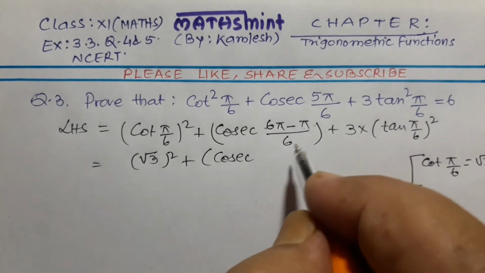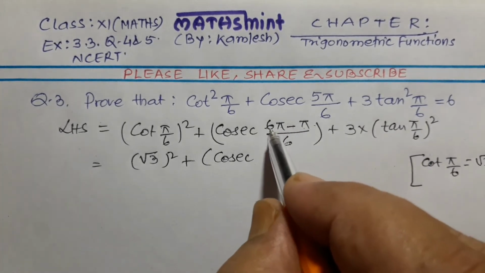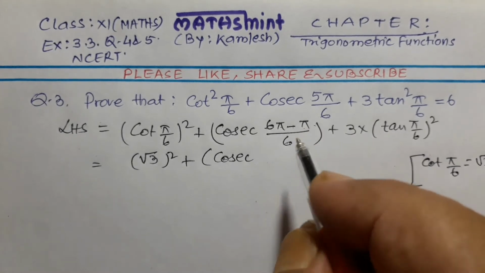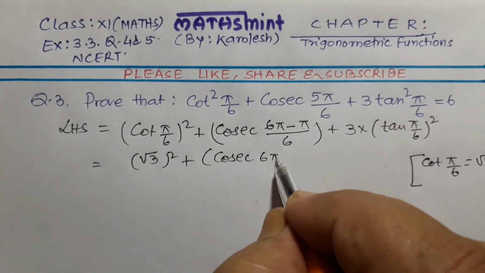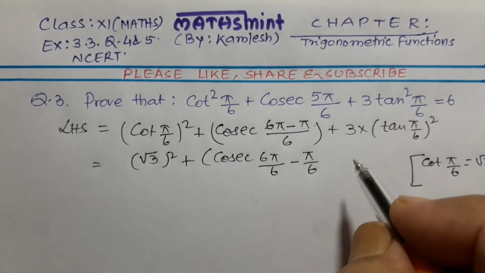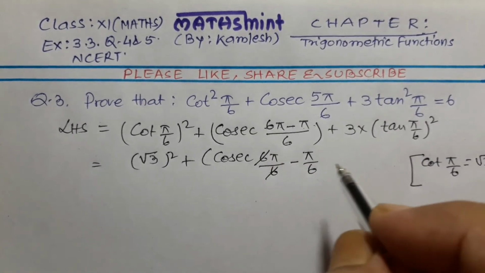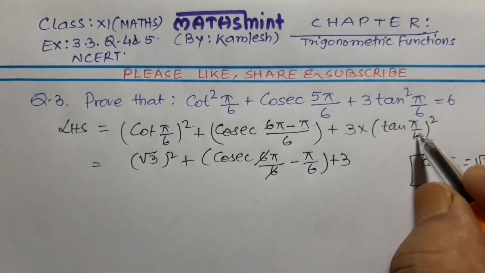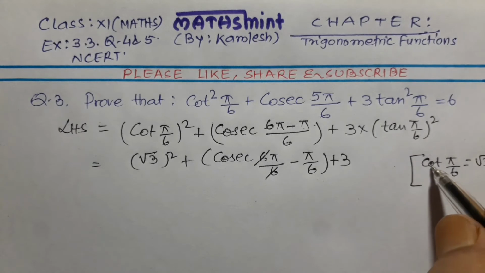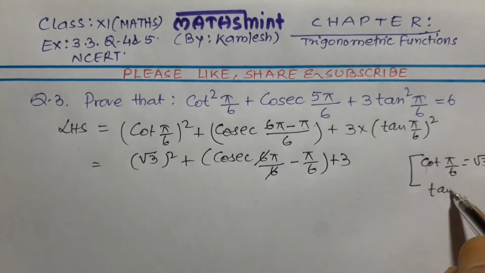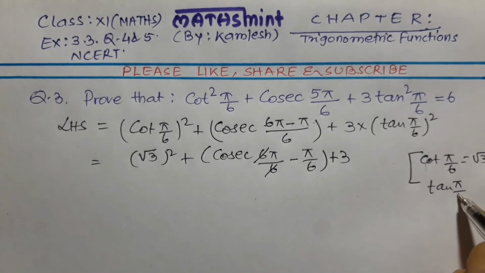6 pi minus pi by 6 means this 6 is dividing 6 pi also and pi also. So by splitting we can write it like 6 pi by 6 minus pi by 6. So this 6 and this 6 will be cancelled, and it will be plus 3. tan pi by 6 will be 1 by root 3.